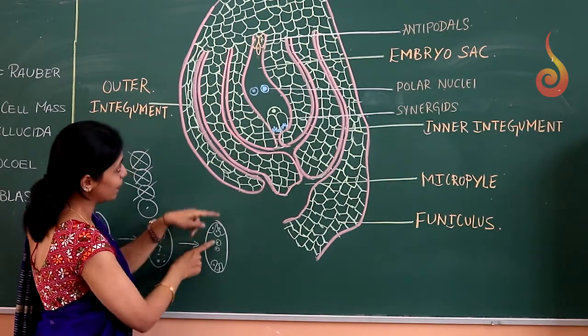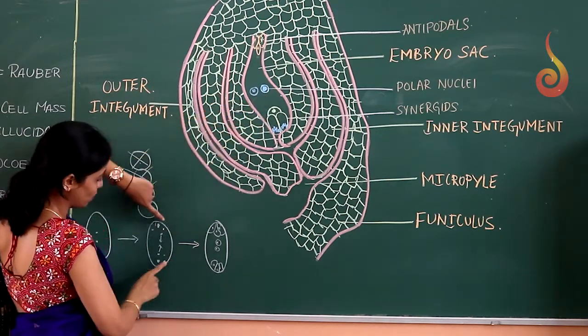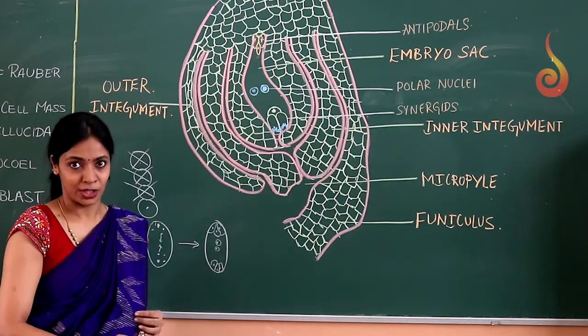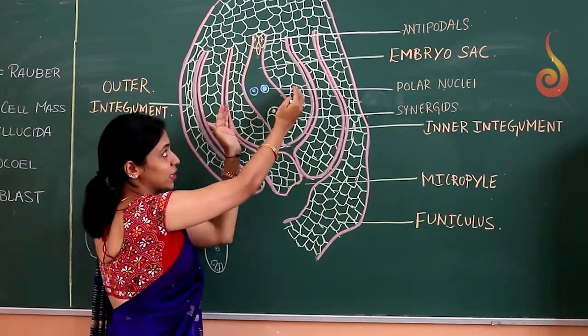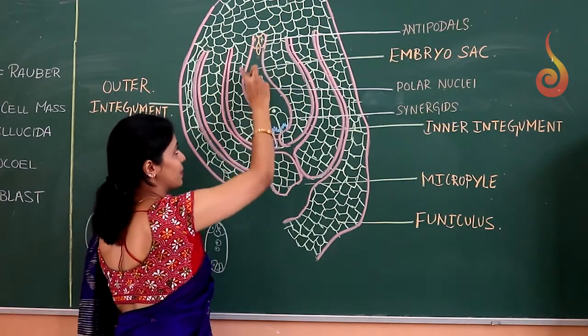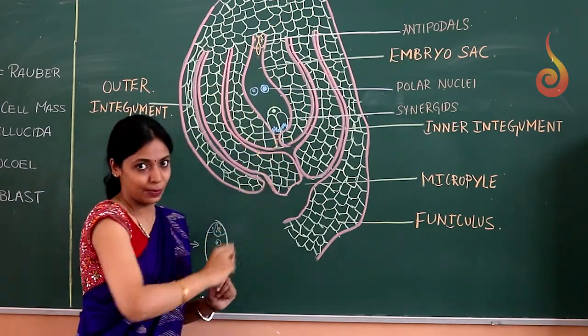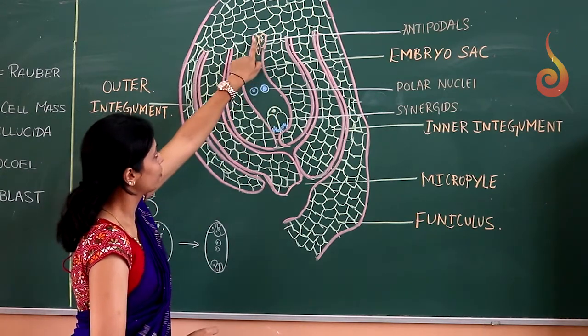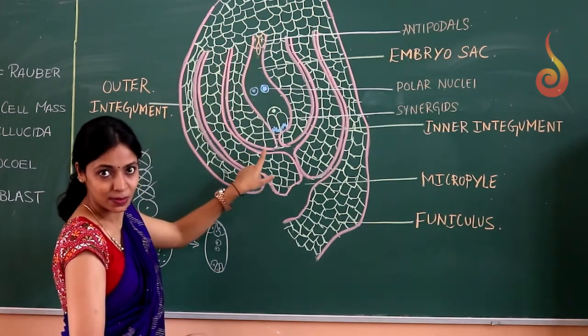Now there are 2 nuclei present in the center. These 2 migrated from the poles and came to the center, due to which they are called the polar nuclei. So within the nucellus you find the female gametophyte. The female gametophyte has 1, 2, 3, 4, 5, 6, 3 on each side.